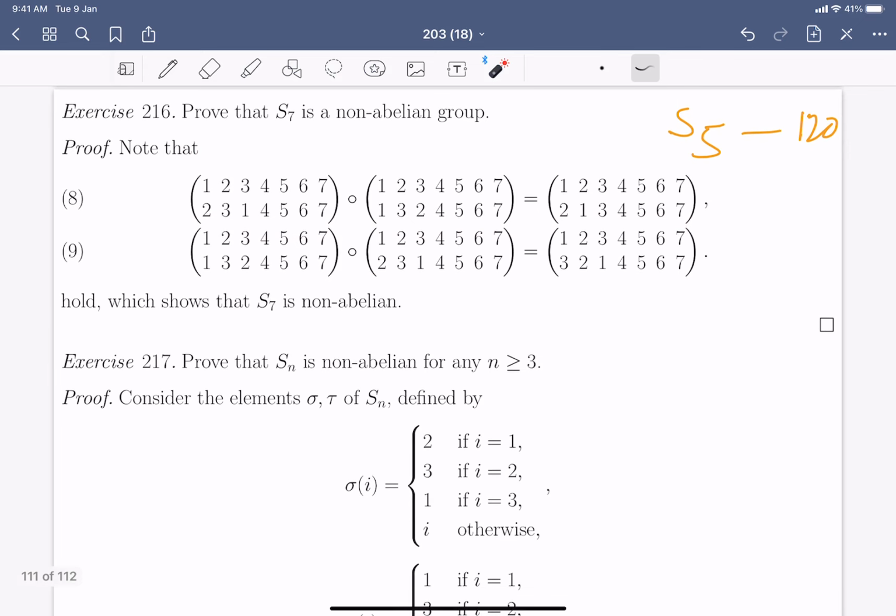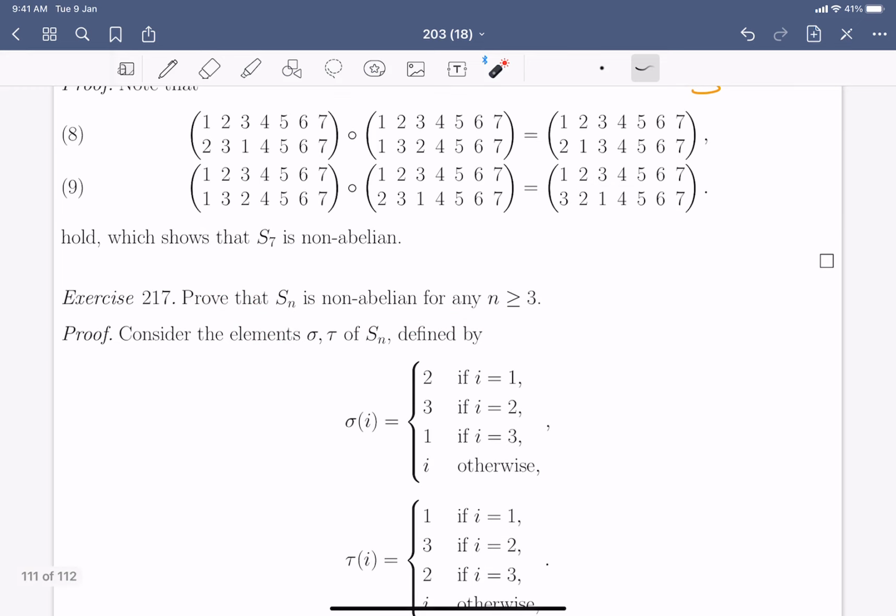In fact, we can extend this argument further to show that Sn is non-abelian for any n greater or equal to 3. We'll have two permutations sigma and tau. Sigma sends 1, 2, 3 to 2, 3, 1 respectively, as we have done just before, and it fixes the remaining elements, so it sends i to i for i greater or equal to 4.